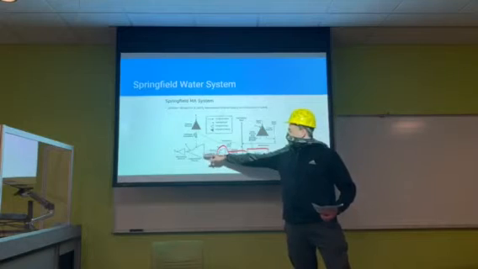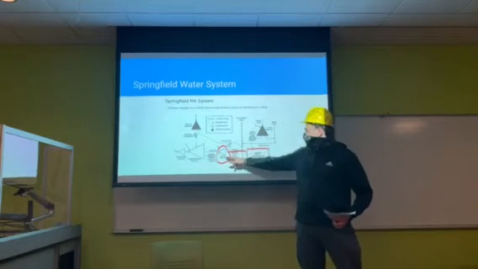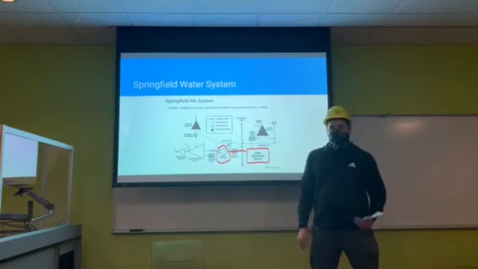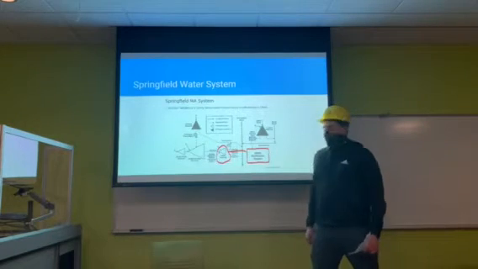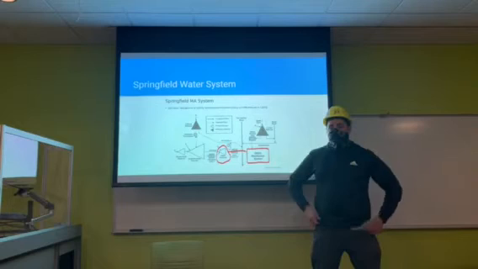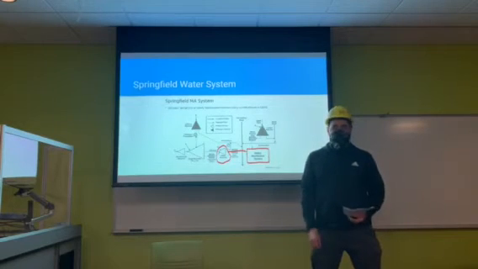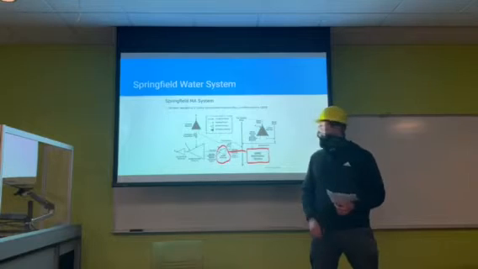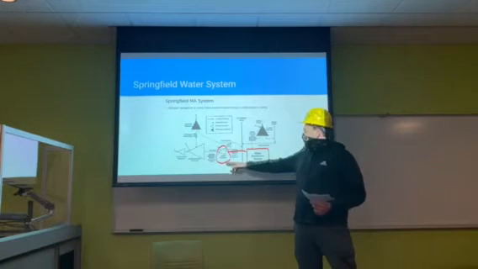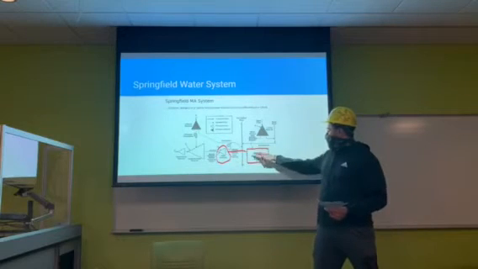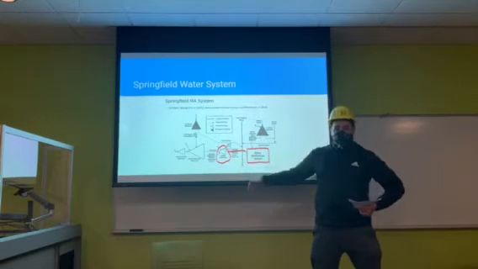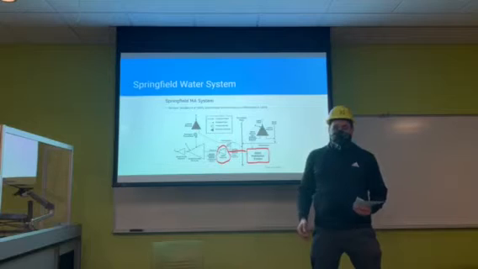We send water from the Cobble to the intake reservoir, which in this case in Springfield system is the Provin Reservoir, and all of the water demand that the Springfield water system has to account for is taken straight from the Provin Reservoir. So from the Provin, we take water, send it to the treatment plant, and then it's distributed throughout the system.